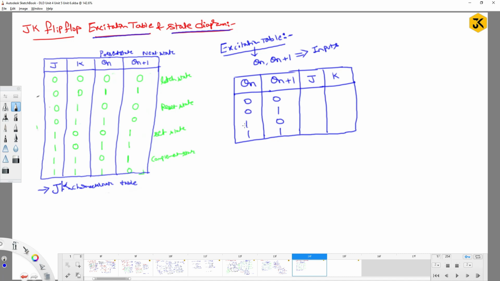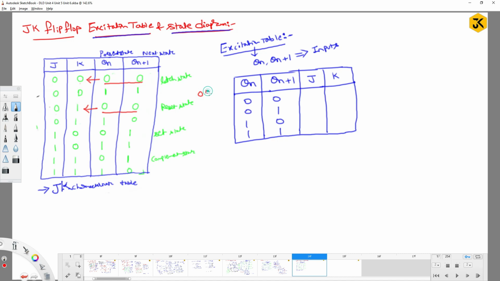So when you have 0 0, what might be happening? Try to think. If I have 0 0 as Qn and Qn+1, J and K are 0 0, but this is not the only case, right? We might have multiple cases. Here also 0 0 is there. Now when 0 0 are there, how are your inputs behaving?